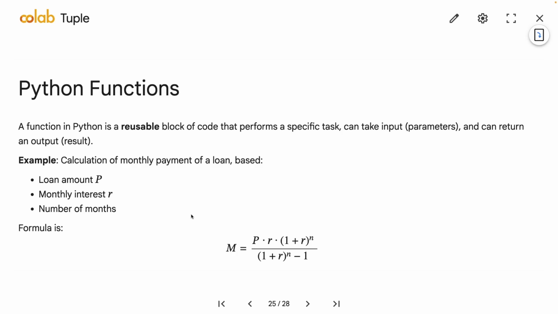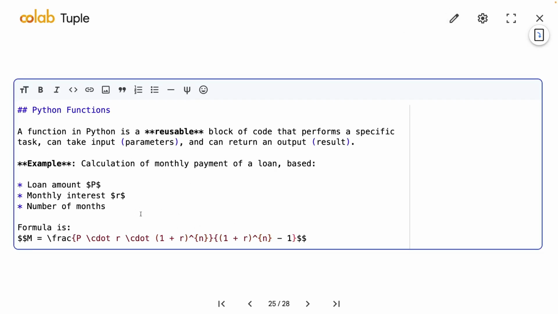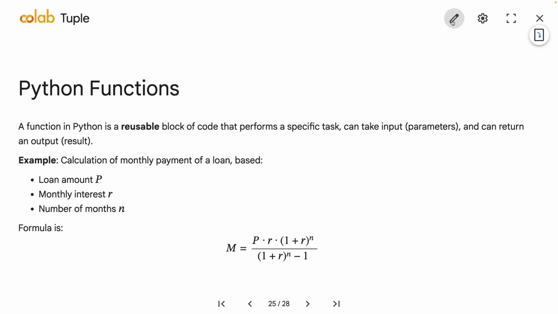So based on the inputs P, the loan amount, interest R, and how many months, it's called N. I forgot to include this number here. Let me quickly change it. The dollar marks are just for displaying math symbols in a nicer way. Okay. Number of months N, and then you can calculate the monthly payment M based on those inputs.